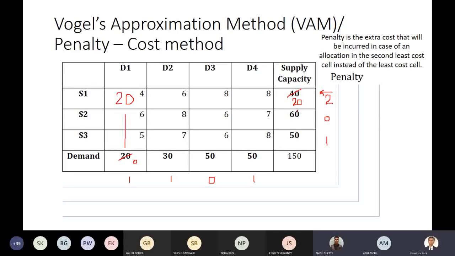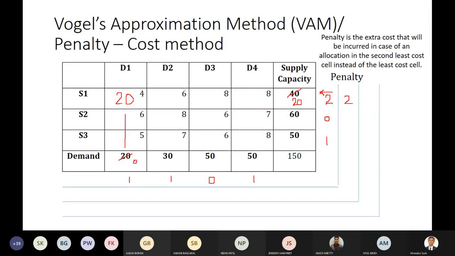Now what we'll do is we'll recalculate the penalties. What is the current status now after an allocation made in S1 D1? So now again we'll start looking at penalty. So least cost is 6. Second least is either of the two, 8. So that means my penalty is 8 minus 6, 2.